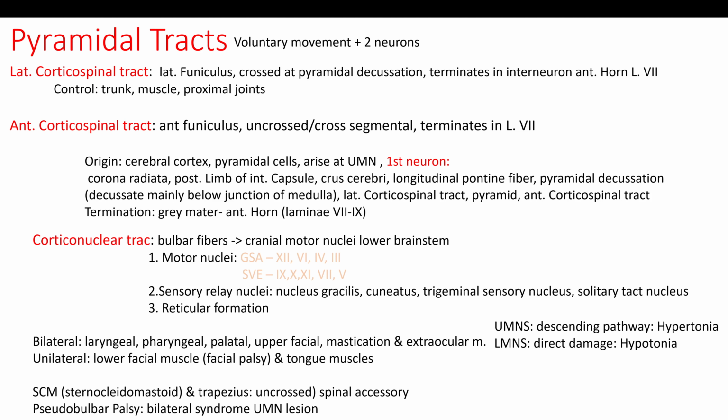In case of an LMN syndrome, it would involve direct damage to motor neurons that innervate muscles. A clinical example is poliomyelitis, and basically it always lowers the activity. So you get something like hypotonia. Then you have upper motor neuron syndromes with damage to the descending pathway of the motor system, which has an increased activity, so hypertonia or an increased Babinski sign.